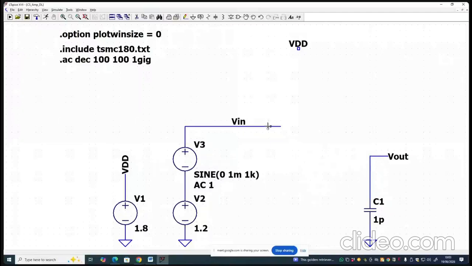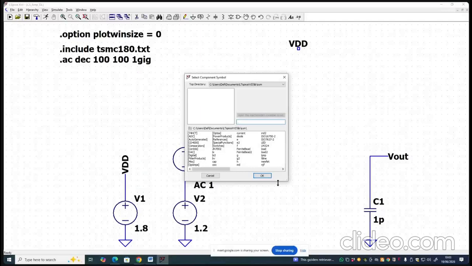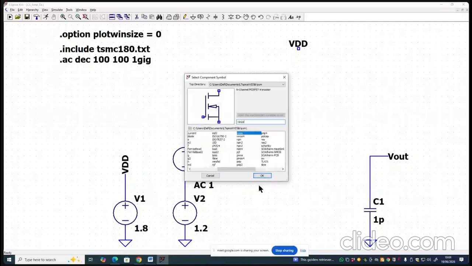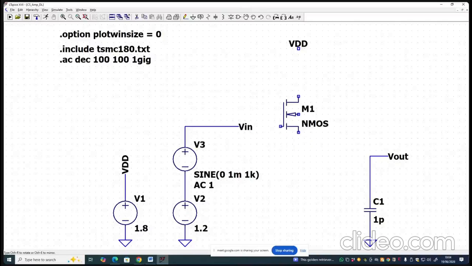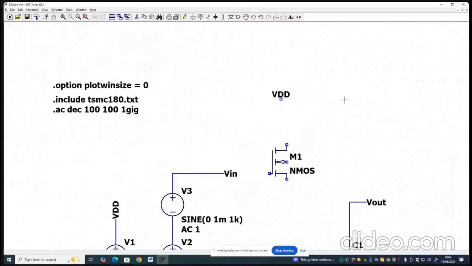So I will use it to create the new schematic. So NMOS 4. Let's take NMOS 4, put it here like this, and then we need one more NMOS.